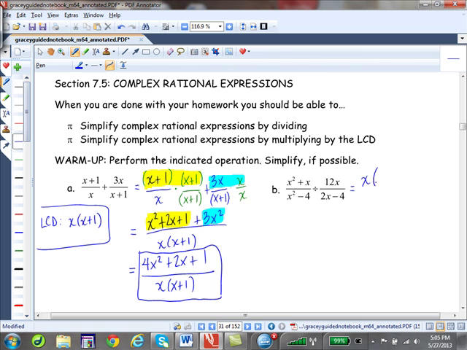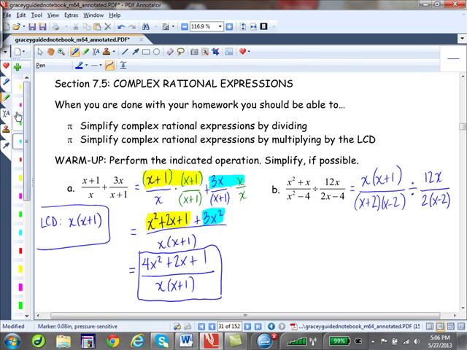So x squared plus x can be factored as x times x plus 1. X squared minus 4 can be factored as x plus 2 times x minus 2. And we're going to divide that by, I'll write it in factored form, 12x over 2 times x minus 2.